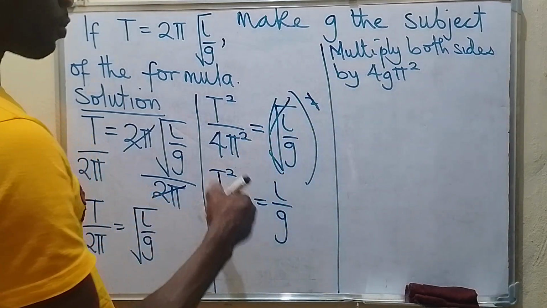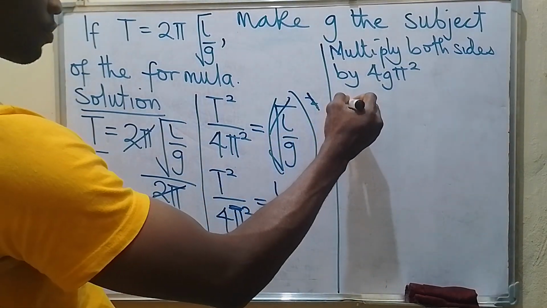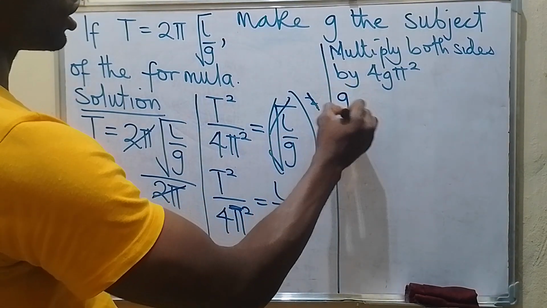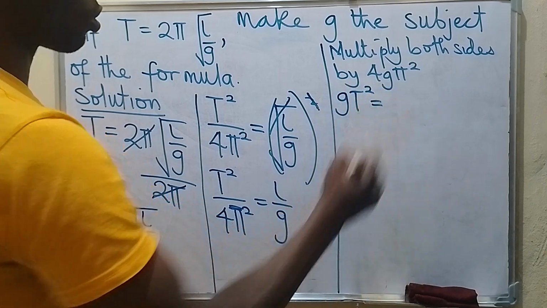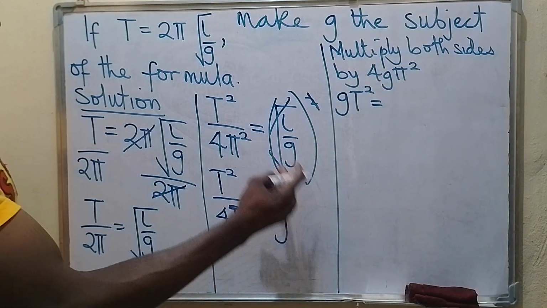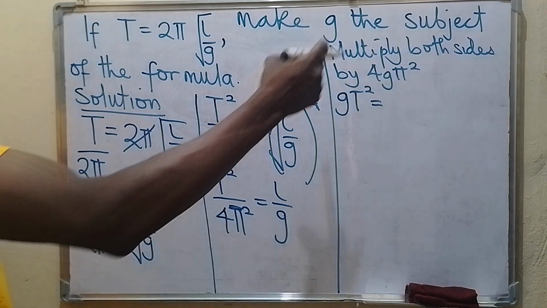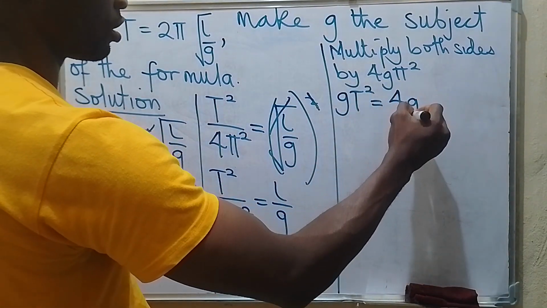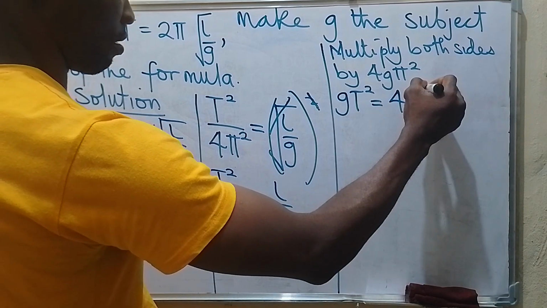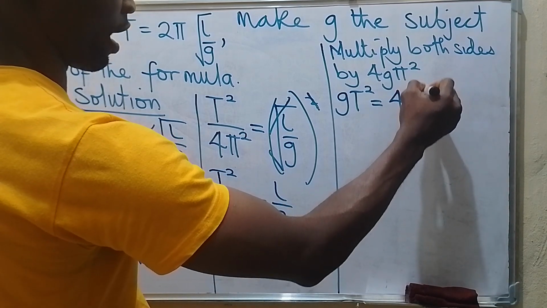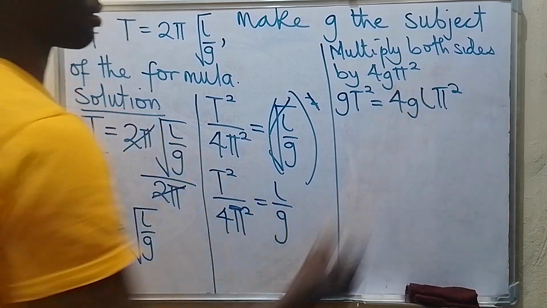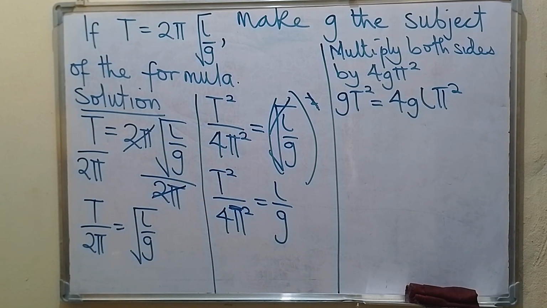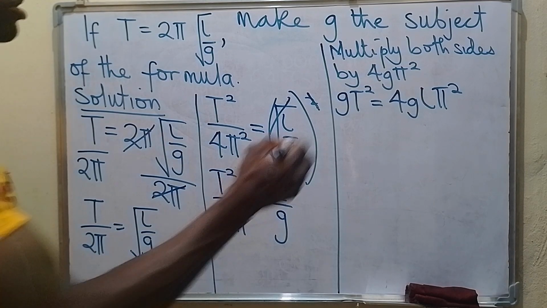So if we multiply this place by that, we will get g t squared equal to, if we multiply this side by 4g pi squared, we will get 4gl pi squared. That's what we get. So now we don't get close to our answer.